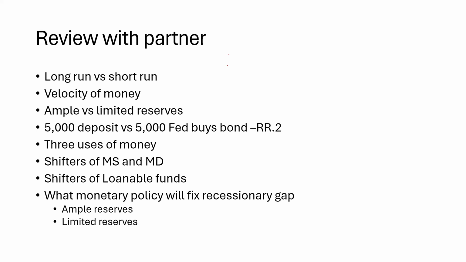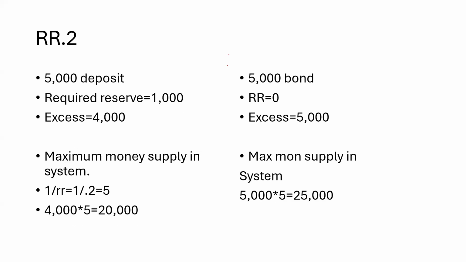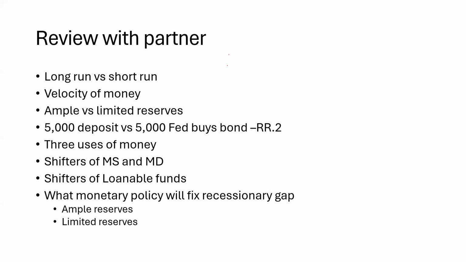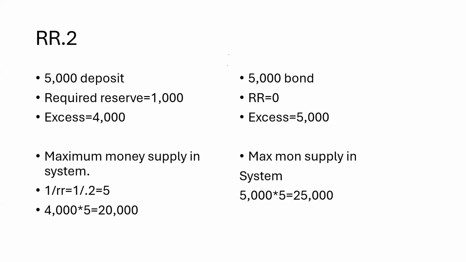Now, the $5,000 deposit versus the $5,000 Fed bond purchase. Say the reserve requirement is 20%. If someone deposits $5,000, 20% of that has to go in required reserves. That gives me 1,000. If I take the 5,000 minus the 1,000 in required reserves, the excess is 4,000.